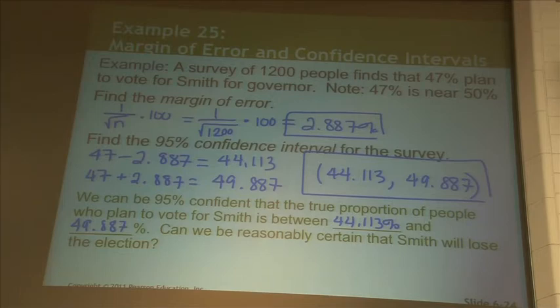And this is overall. We're taking our sample data and we're applying it to the rest of the population. So up to 49.887 of the entire population is expected to vote for Smith.